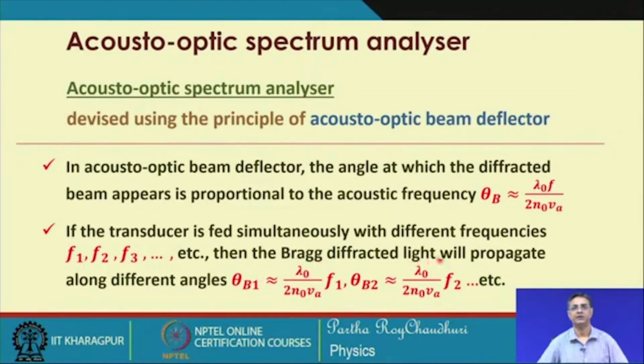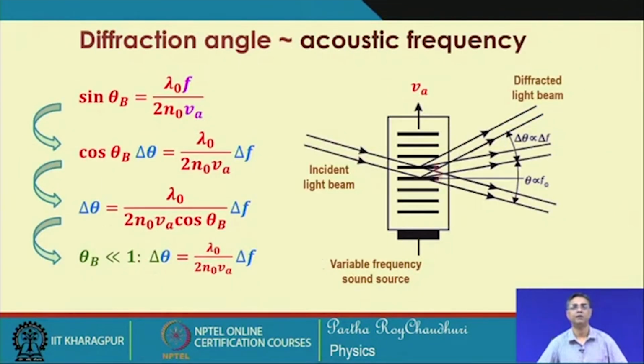So, Bragg diffracted light will propagate along different directions. This tells you that because they are for different frequencies, the optical beams are travelling in different directions, they will not overlap, and then they will not give you any modulation.